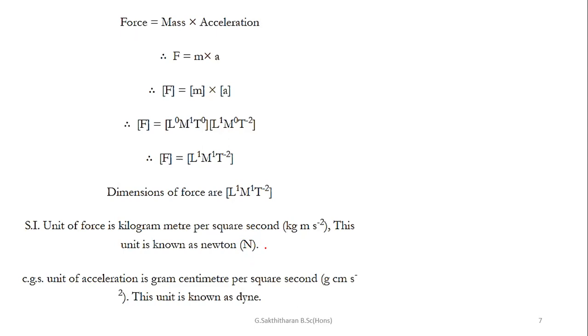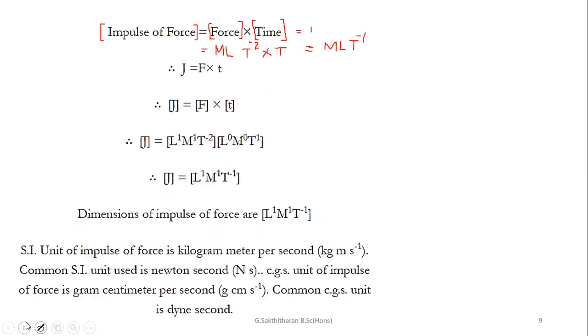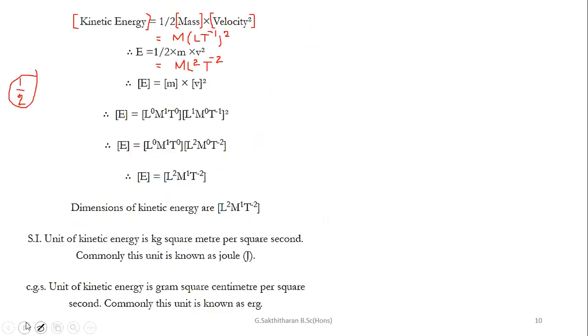The unit of the force is capital N, Newton. Another one is energy, kinetic energy and work done. We write the unit in joule. Joule is also one of the scientists, so we write the unit capital J, joule.